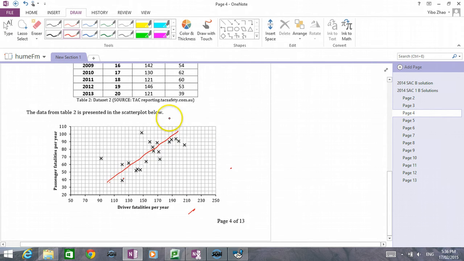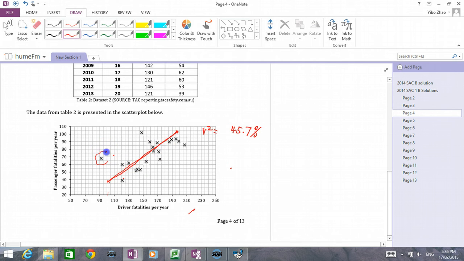If I draw a line of best fit like this, according to the R square value, only 45.7% of the data lies close to this line.